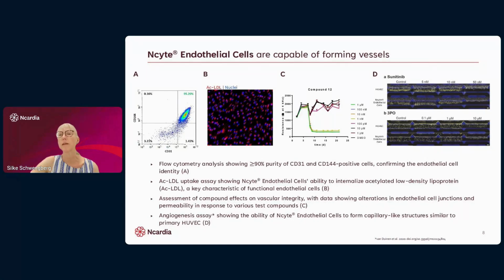What is displayed is the effect of two tool compounds at various concentrations on the sprouting, meaning capillary formation, of these two different endothelial cells. As you can easily see, both the HUVEC and our Ncyte endothelial cells respond to the compounds, which in both inhibit the sprouting of the capillaries.